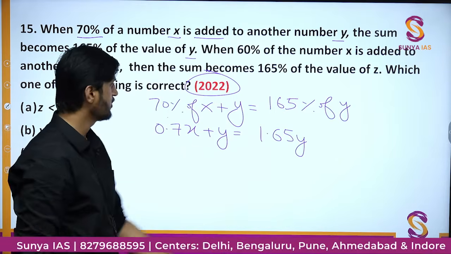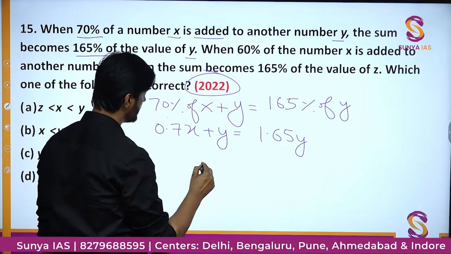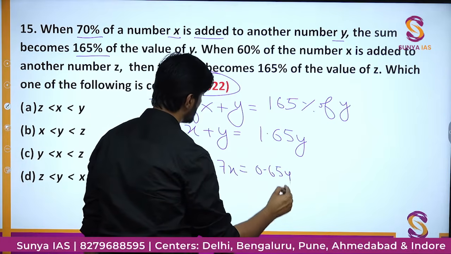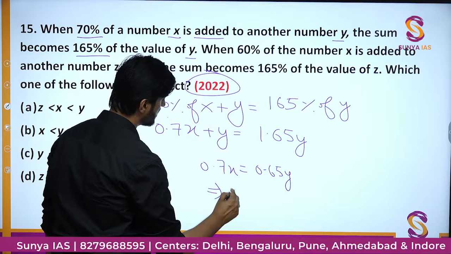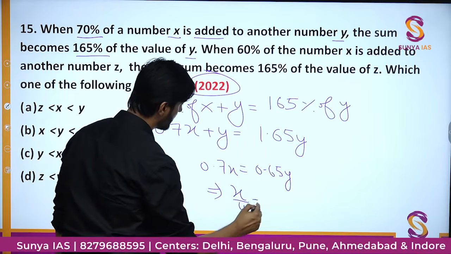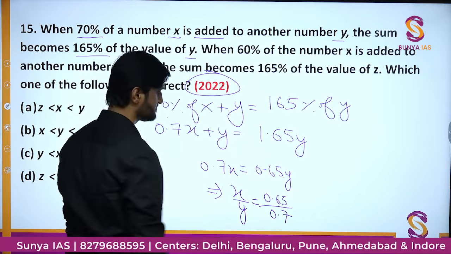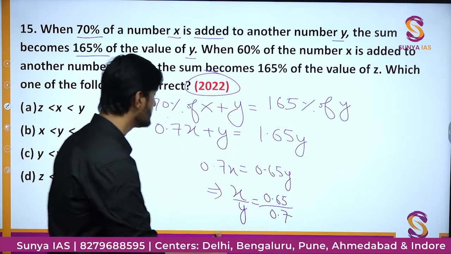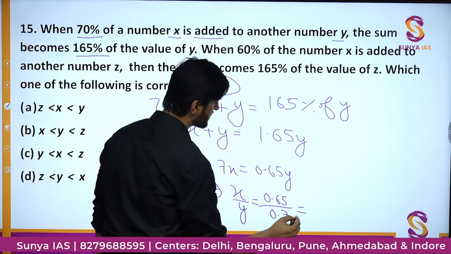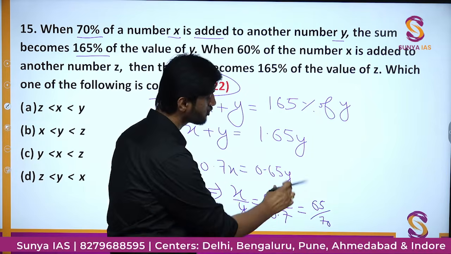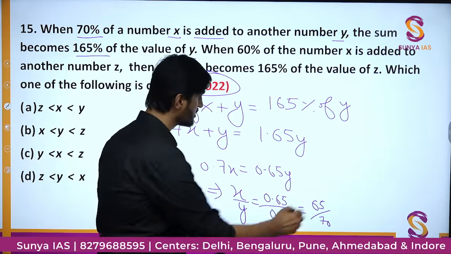Just send this y on that side, subtract it, you will get 0.7x equal to 0.65y, or you can write x upon y is 0.65 upon 0.7. On further simplification we can also write it like this, 65 upon 70. Same thing, just multiplying top and bottom by 100 to get this one relation.